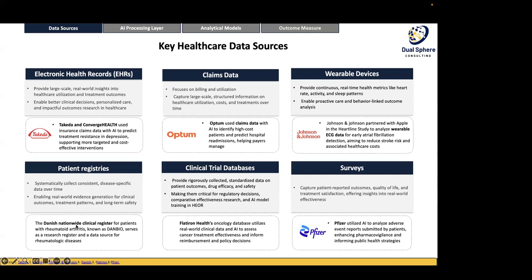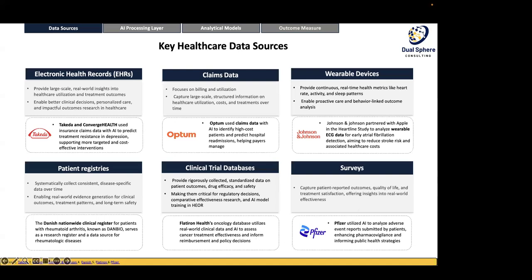Patient registries. The Danish nationwide clinical register for patients with RA, known as DanBio, serves as a research register and a data source for rheumatological diseases. Right. Clinical trial databases. Flatiron Health's oncology database utilizes real world clinical data and AI to assess cancer treatment effectiveness and inform reimbursement and policy decisions.